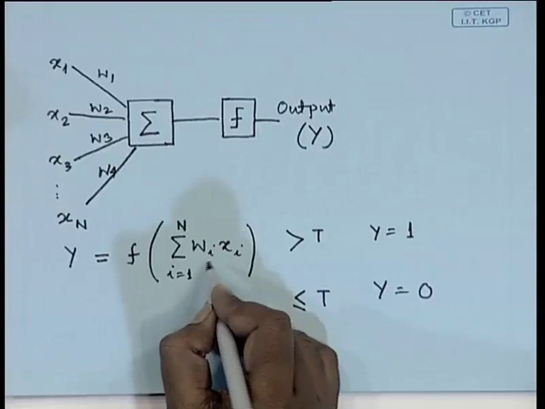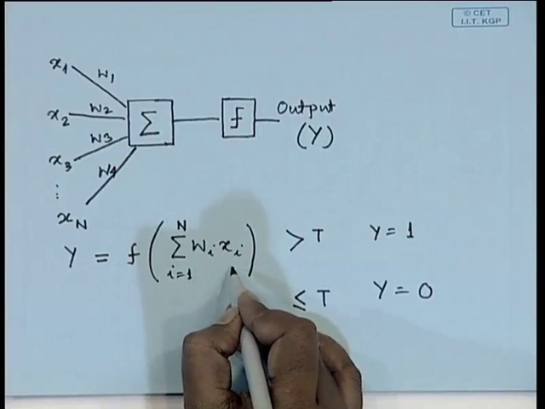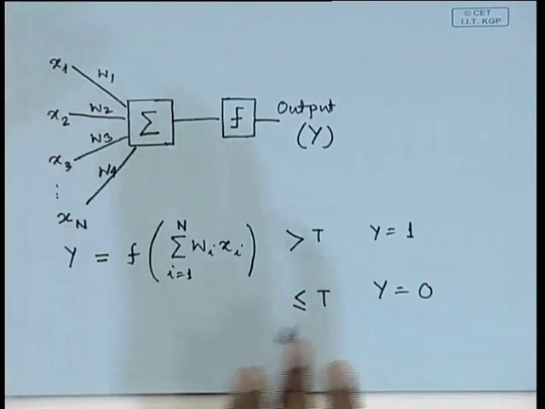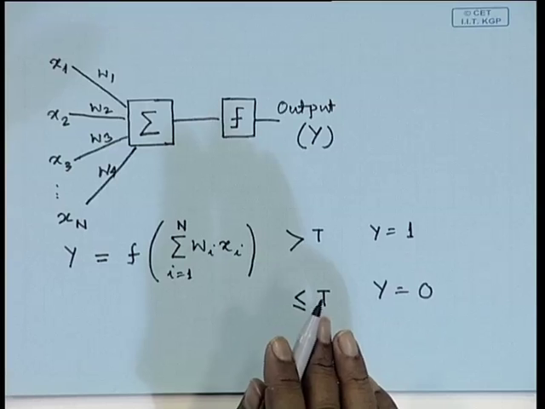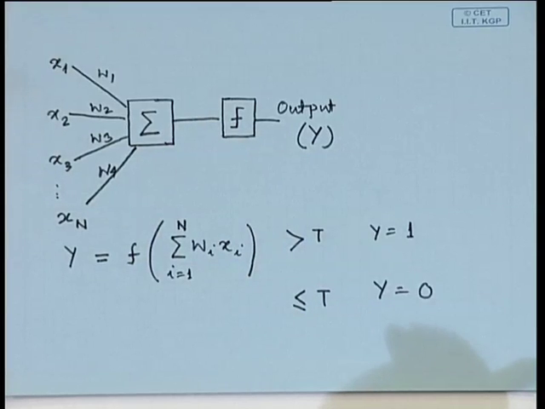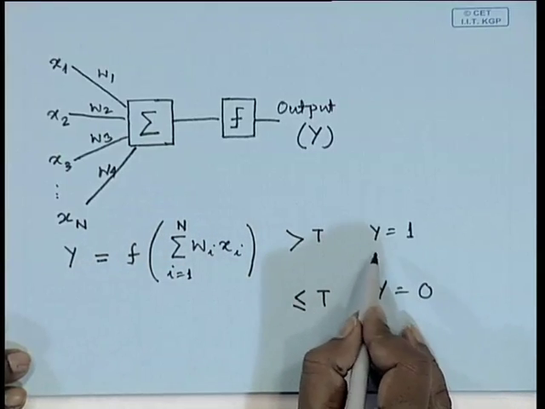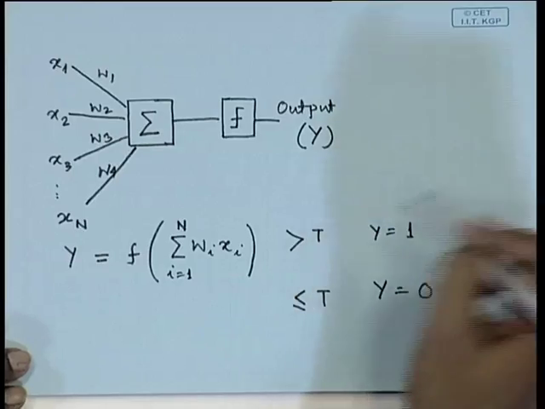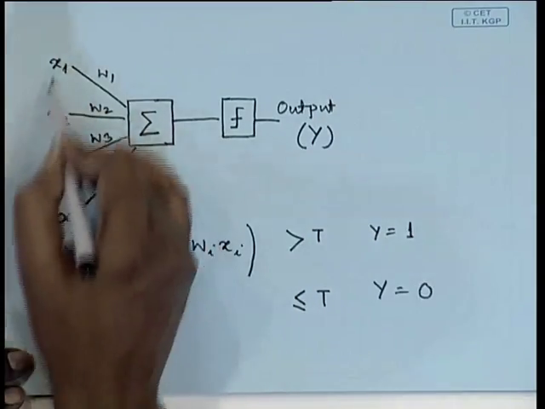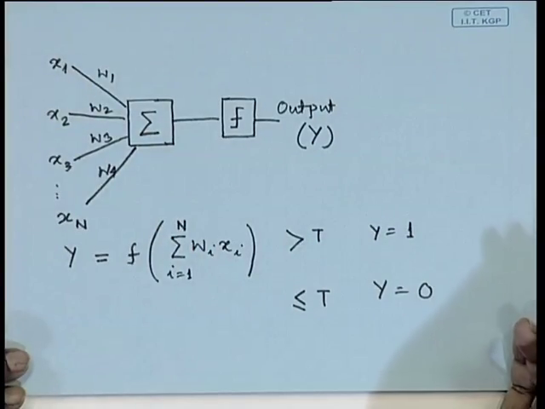If I have a linear discriminant function, gi(x) is nothing but this summation of wi xi varying from 1 to n, where my feature vector is n dimensional. If this function is greater than threshold, I set y equal to 1, indicating that this x belongs to one class.